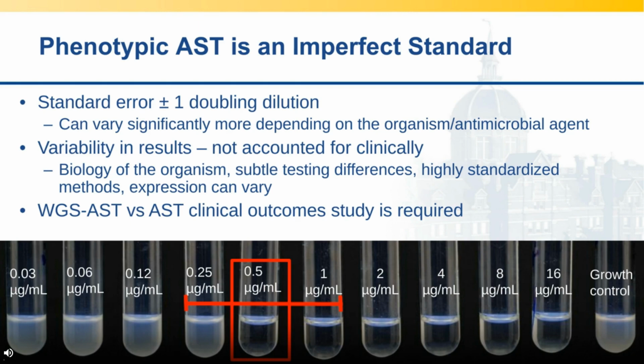So really what we need to do is also look at doing some clinical outcome studies to look at the value of WGS AST predictions in terms of clinical outcomes in patients. Hopefully we'll start to see some of those studies coming down the pipeline.